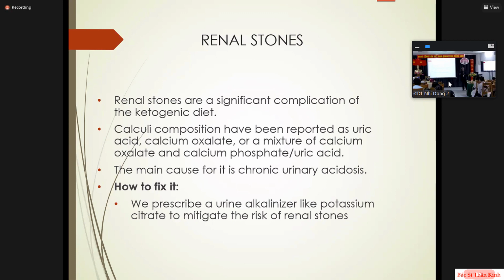Children can't measure the urine all the time, so make sure that the urine is pale yellow. If it is dark yellow, like the sunflower over here, then that means you're giving too little water. And that's the reason why you could get renal stones, dehydration.